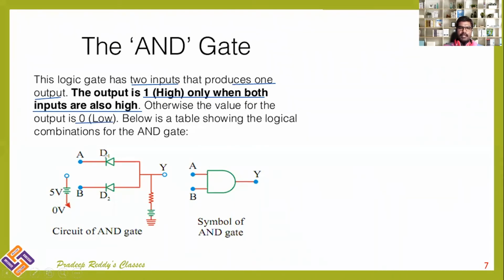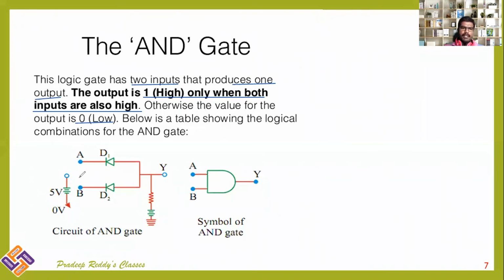This is the diagram which is being provided. Now the junction diodes, in this case, are reverse biased. In the OR gate, both the junction diodes are connected in forward bias, but in the AND gate, both the junction diodes are connected in reverse bias. For negative, they will be in conduction.